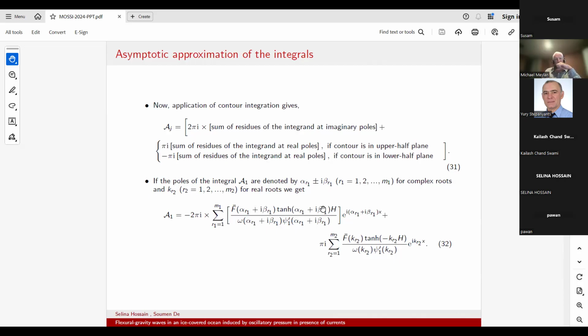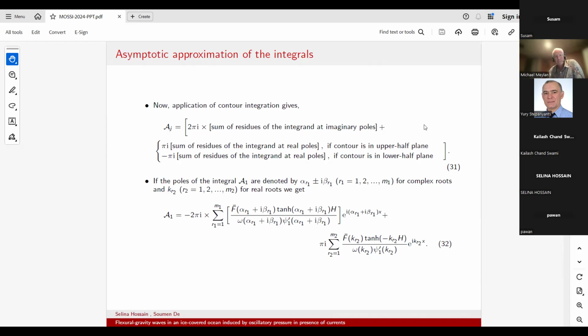Sir, I can't understand. Please repeat the question. Okay, the pole's on the real axis, right? Yes. So you take the integral straight through the middle of the pole. You don't go above it or below it. No, we have considered the contour integration, though we have not drawn this figure in this slide.